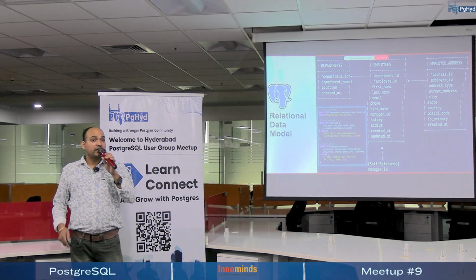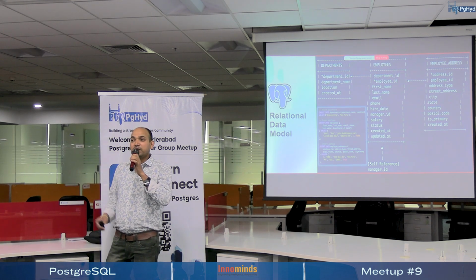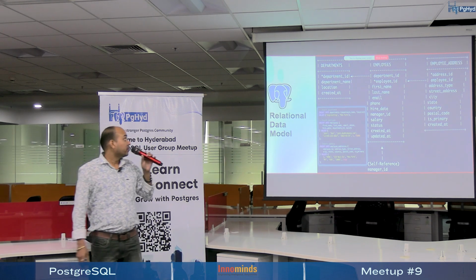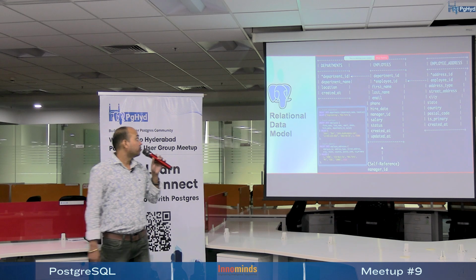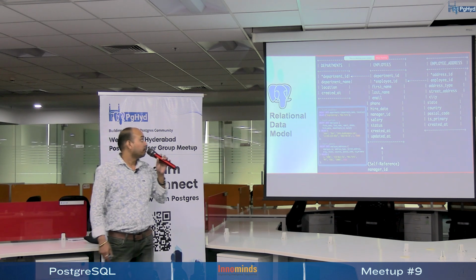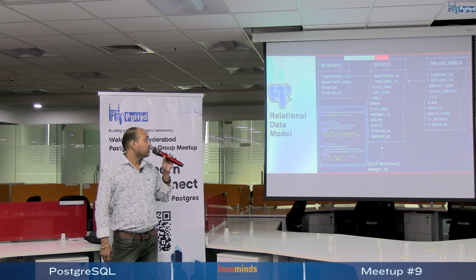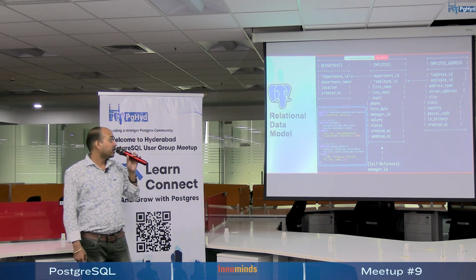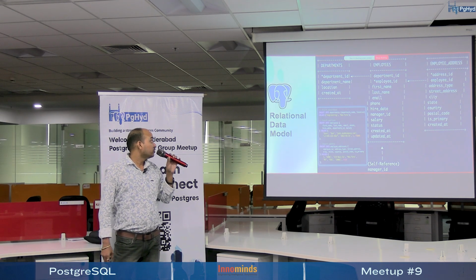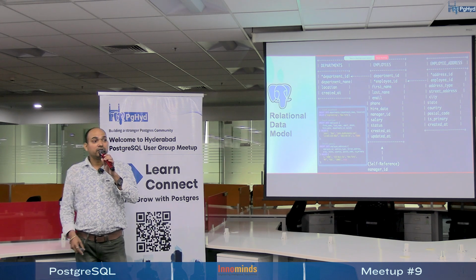So now let's take the use case. Say you have some relational tables, maybe the very famous ones: departments, employees and employee address. There are a lot of columns, and each table is related with primary key and foreign key, and you do some inserts into each of those tables.